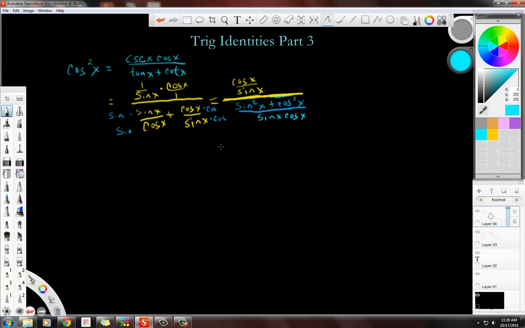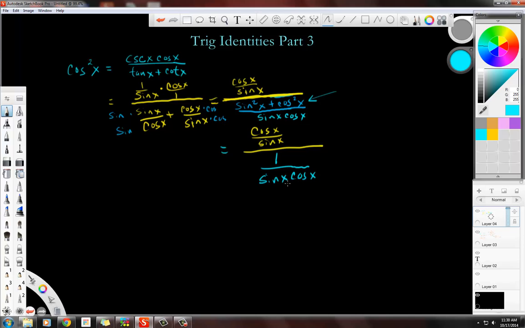Next step. Let me start going down this way. So on the top, I'm not going to mess with this yet, is cosine x sine x over sine x. And on the bottom, right here, you got to spot this a mile away right there. That's 1. That's 1 over sine x cosine x.